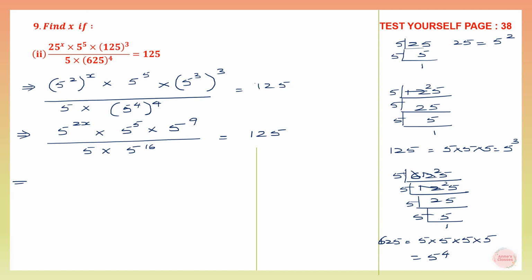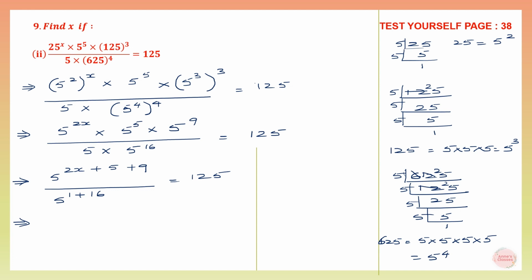Now we know when the base is the same, we can add up the powers, isn't it? So here the base is the same and it is multiplication, so add up all the powers. So this becomes 5 raised to the power of 2x plus 5 plus 9. And in the denominator also we have 5 raised to the power of 1. That's 1, isn't it? Plus 16. All this is equal to 125.